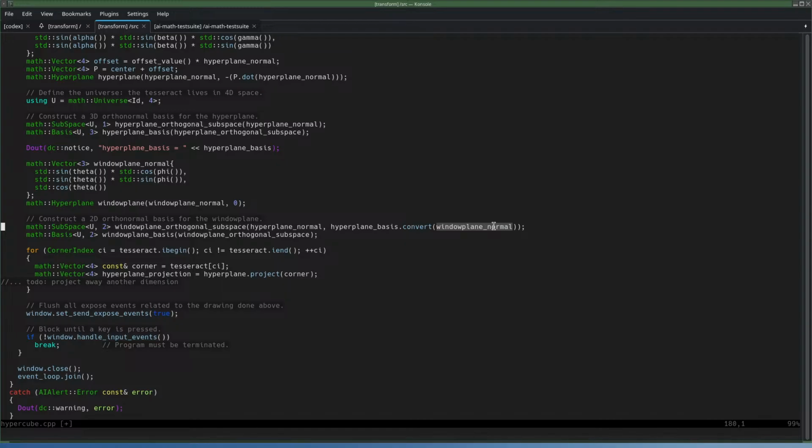So this thing is in hyperplane. No, damn it. I have to tag stuff with, at the very least, the basis that it lives in.